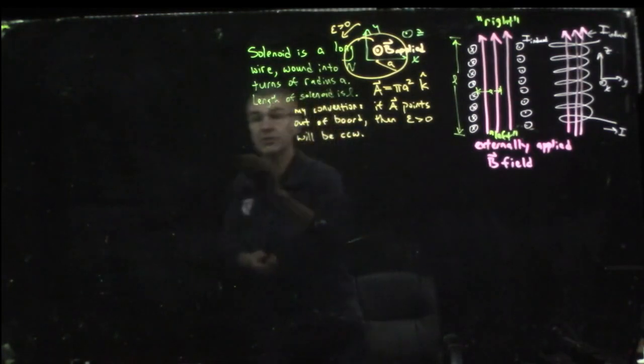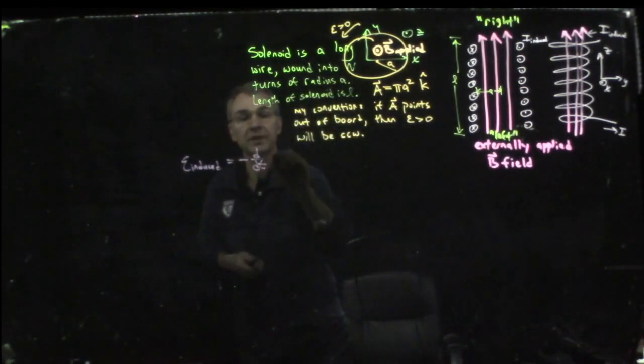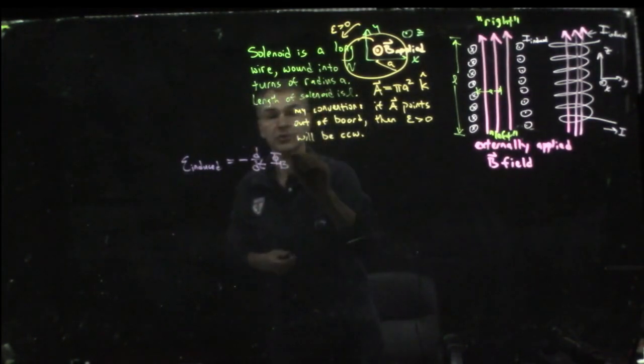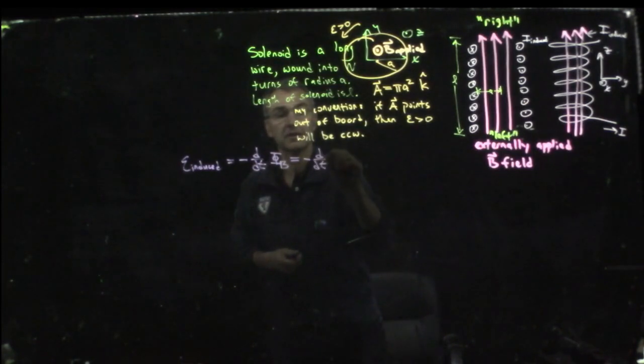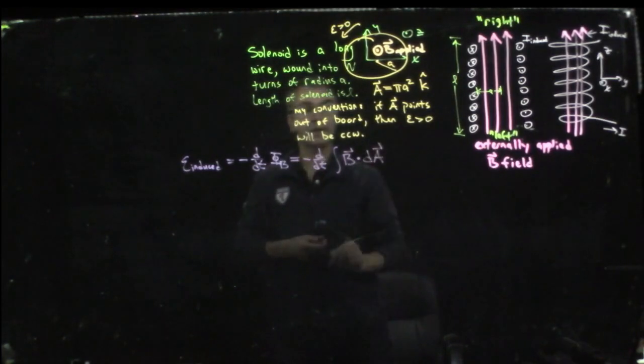So the induced EMF is minus the rate of change with respect to time of the magnetic flux through this circle, which is minus d by dt of formally the integral of the magnetic field dot the area vector.